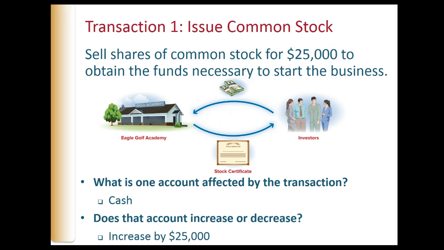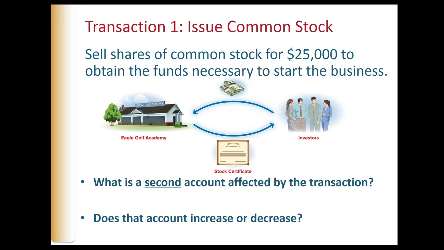Okay, hang in there with me, guys. So we know with Eagle Golf, issuing common stock increased cash by $25,000. Cash is a resource. A resource is an asset. Cash is going up, which means assets are going up.